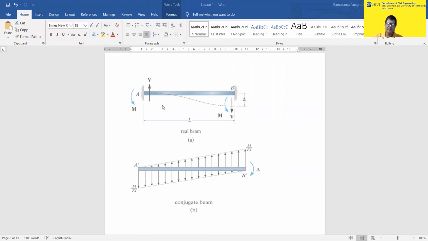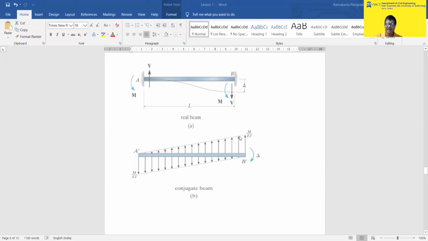In the real beam, you will apply this. You can see both the moments are in the same direction, so it is anti-clockwise. If you provide anti-clockwise, then it will come downwards. Here anti-clockwise is negative, while for the bending moment diagram anti-clockwise moment is positive. So it is M by EI here, M by EI here. This moment is responsible for this value of delta.